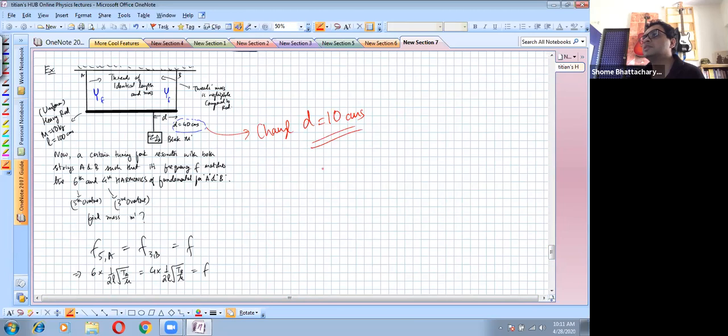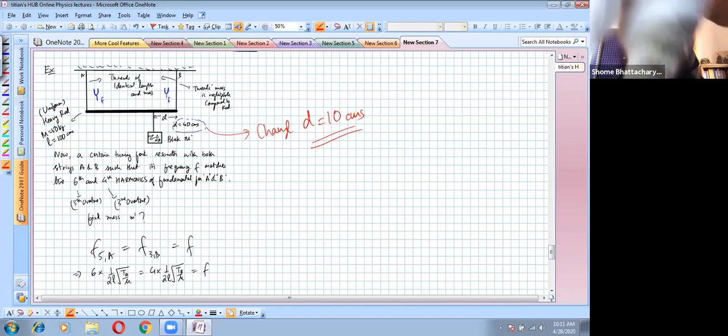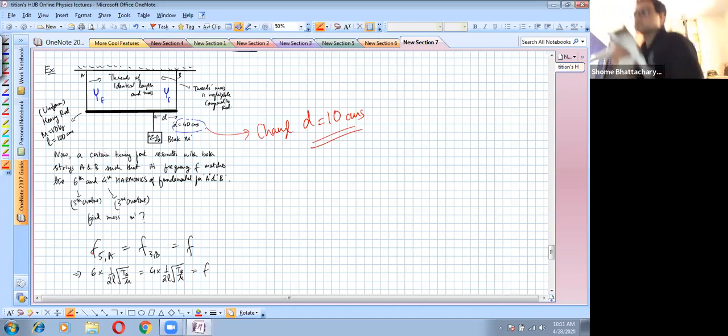From 40 centimeters I flipped it, made it 10 centimeters. Yeah, so changed it to that.